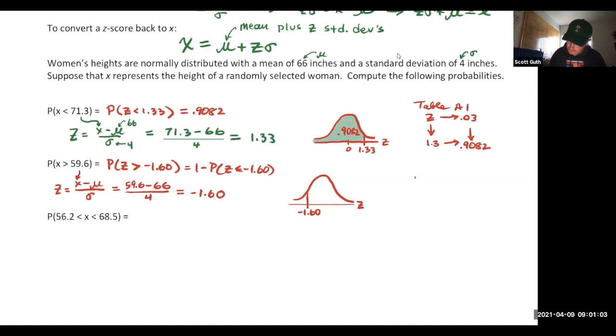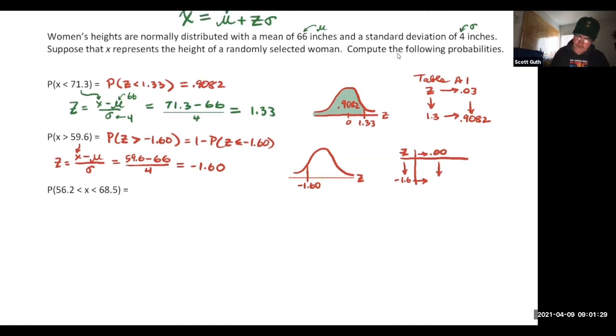Just reminding, this is on the negative side of the table. So you go down to negative 1.6. And then just over to the first column, 0.00, because it's 1.60. Okay. All right, and again, just also as a reminder, the table does not give that directly, it gives it indirectly.